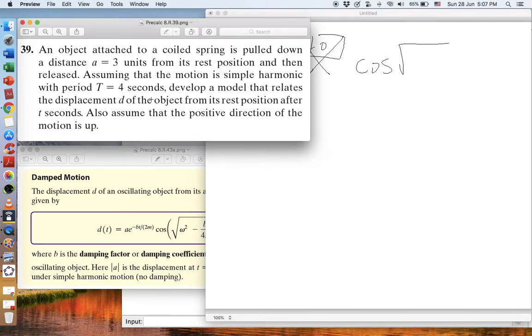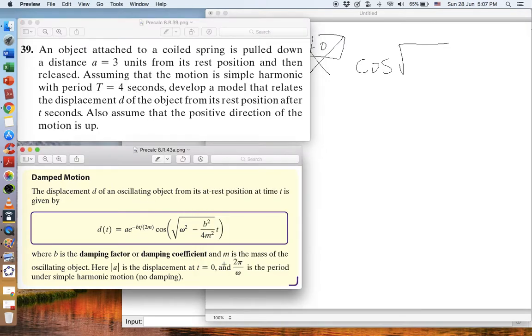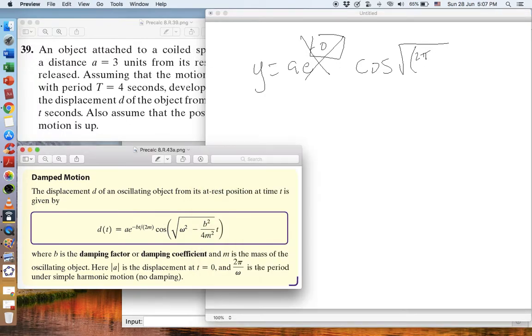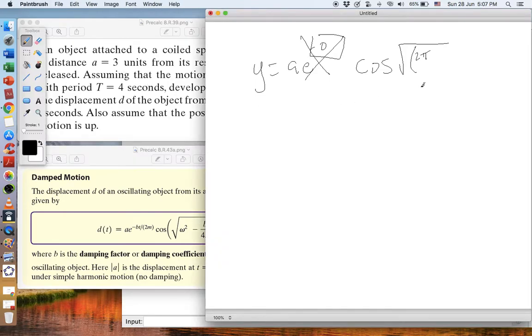Remember our T equals 4 seconds, and so the period with simple harmonic motion, no damping. Again, if there's no damping, it's just going to be that cosine function. And so we've got 2 pi over omega, and omega is equal to 4.